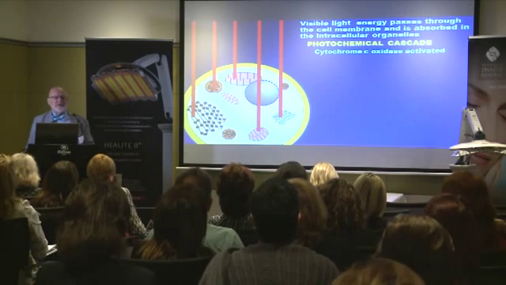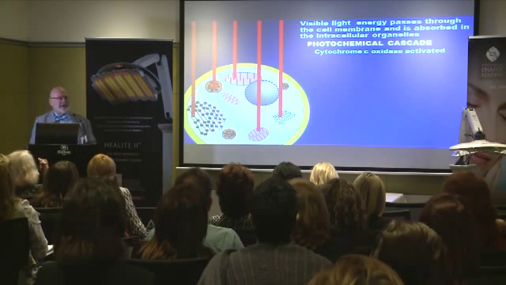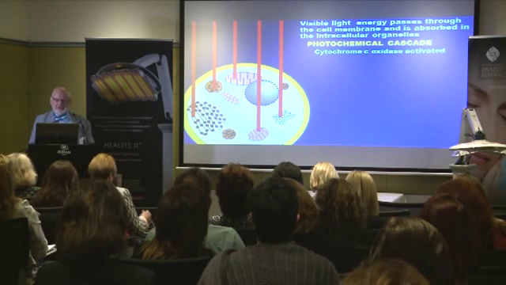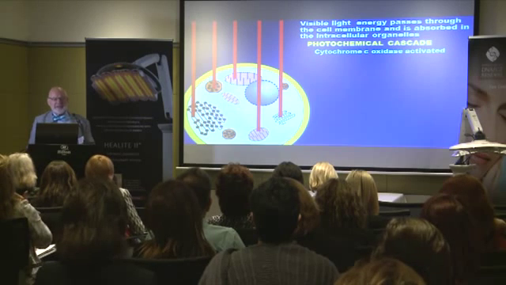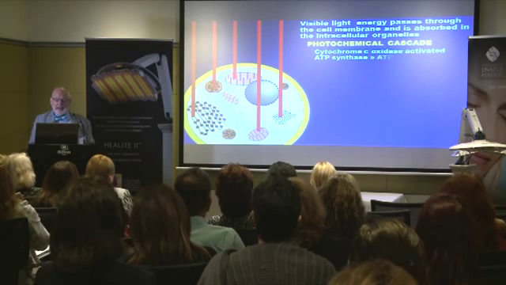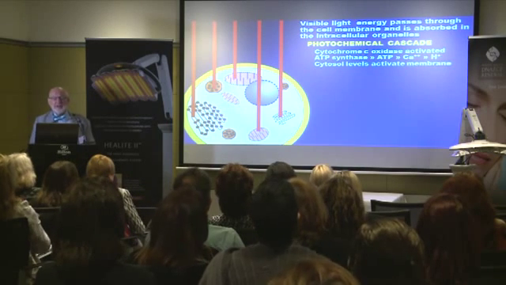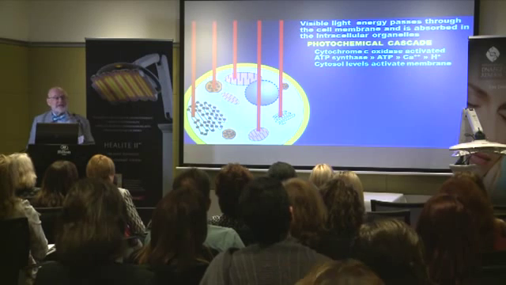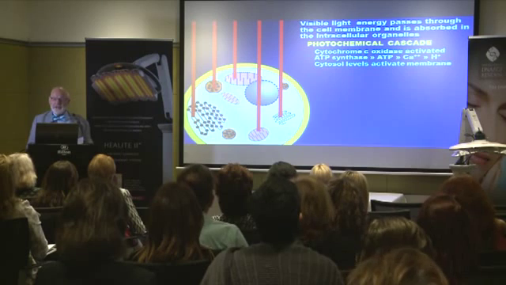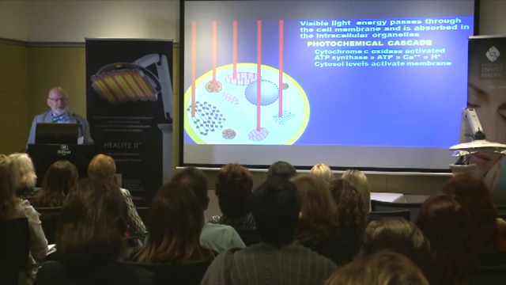So visible light passes through the membrane, it's absorbed into the intracellular organelles, in particular the mitochondria, and this starts a photochemical cascade. And this is well known, well proved, well illustrated. Cytochrome C oxidase is activated particularly by 633 nanometer red. ATP synthase produces the ATP, and we get calcium ions and little protons, little packets of energy produced as a result of the ATP synthesis.